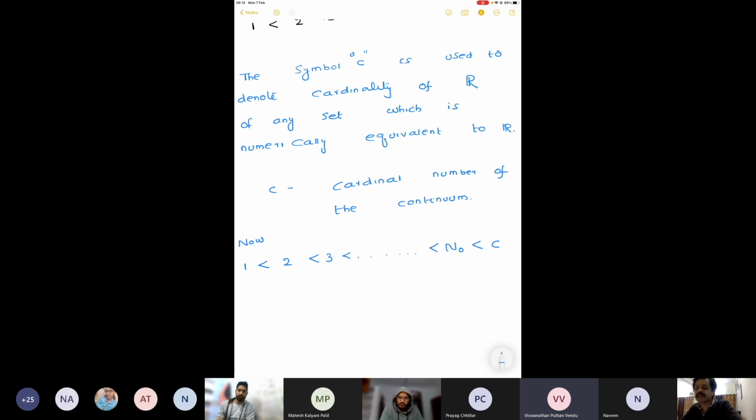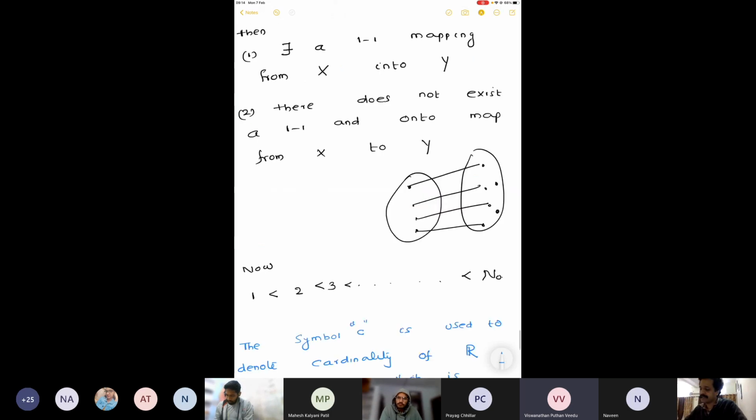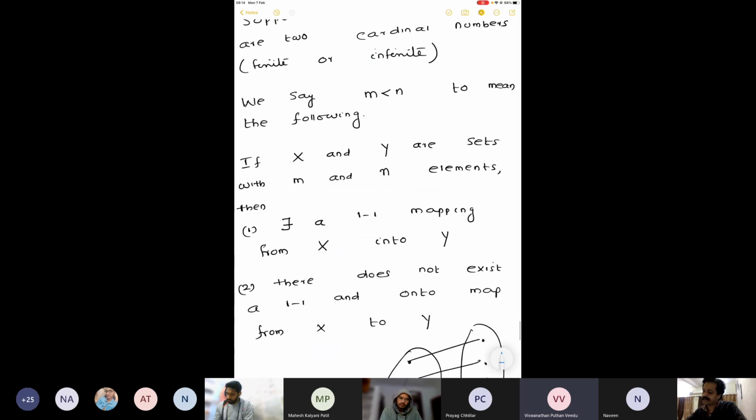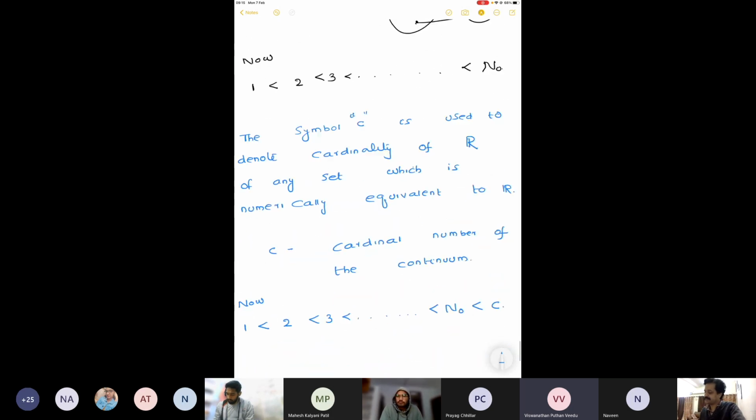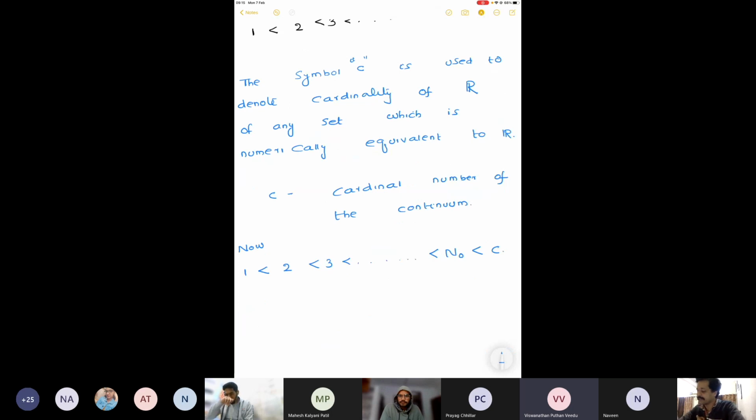So Aleph naught is strictly less than C. But you can find a 1-1 map, so Aleph naught is less than C as per the notation we introduced, m is less than n if. So this is our hierarchy for the time being. Now a natural question is whether there exists some cardinal number between Aleph naught and C.